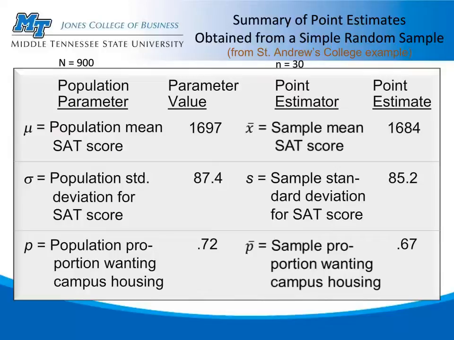They don't know that the standard deviation is 87.4, but they can figure out what it is for the sample. Same thing for the categorical data. They don't know that the population proportion of people that want campus housing, we use the symbol P for that one, is 0.72, but we know what the sample value is.